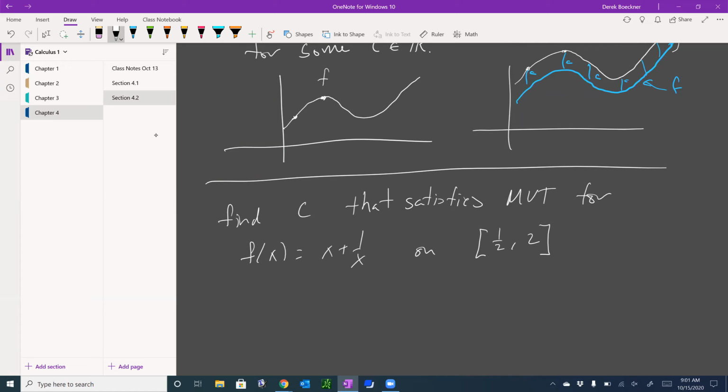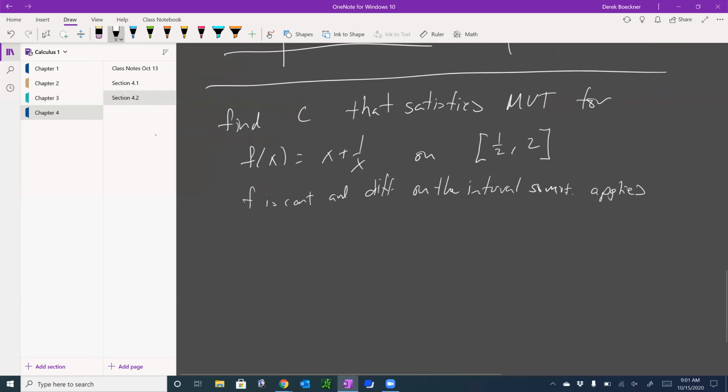Is it differentiable on [1/2, 2]? Yeah. Is it both continuous and differentiable on the interval? So the mean value theorem applies. So now I have to figure out how it applies. Well, we need to find a point in the interior that has the same slope as the secant line, right?